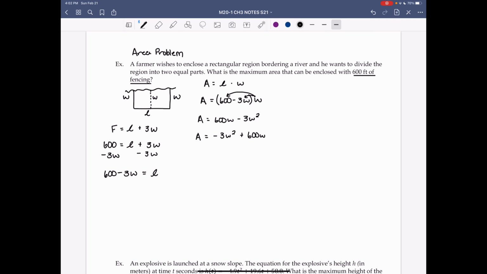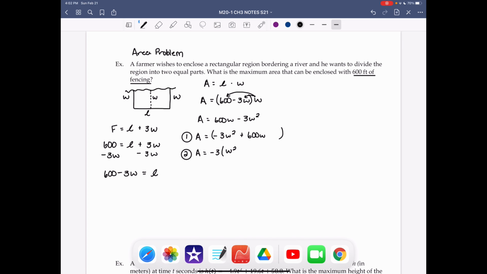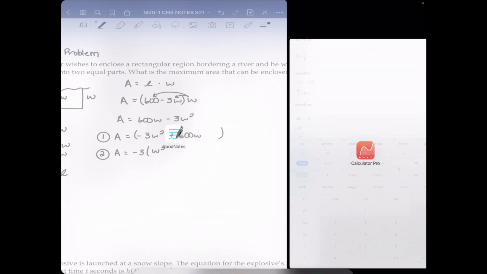So step 1 is pretty much already done for me. I don't have a constant term, so just brackets, leave a space at the end of the brackets. Step 2, I need to factor out the negative 3. A equals negative 3 bracket W squared. 600 divided by negative 3 should be negative 200.